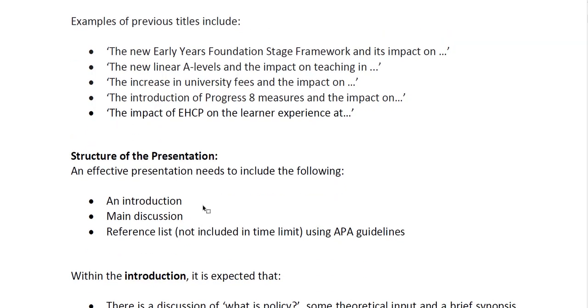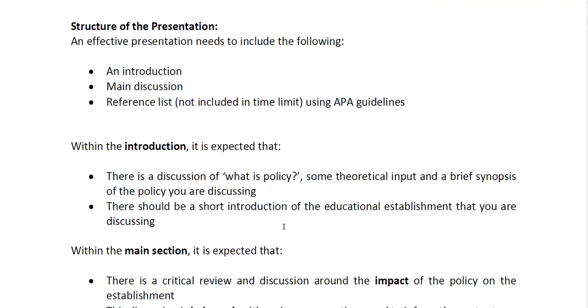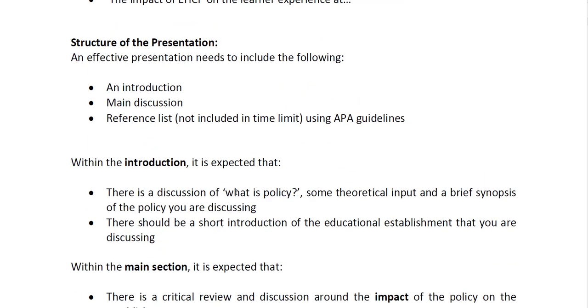In terms of structure, there is nothing different to what you've done before. Within your presentation, there needs to be an introduction, a main discussion area, and then your reference list at the end, which as ever is not included in the time limit. Within the introduction, we expect a brief discussion around what a policy is, some theoretical background, and a brief synopsis of the policy you are discussing.